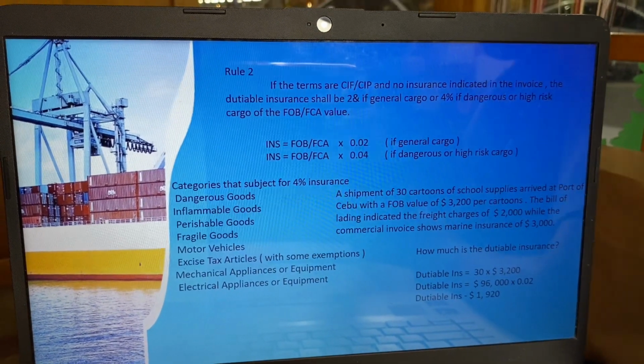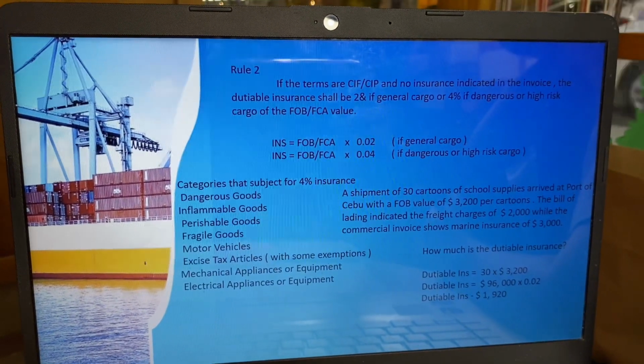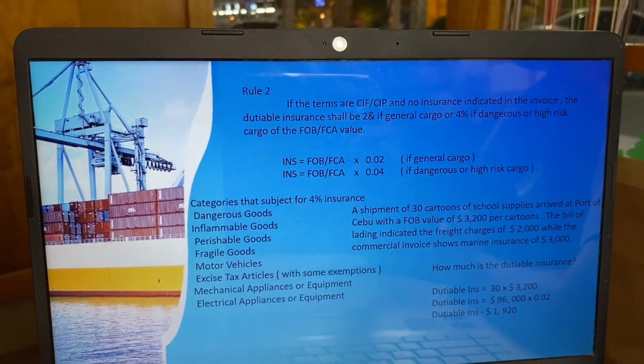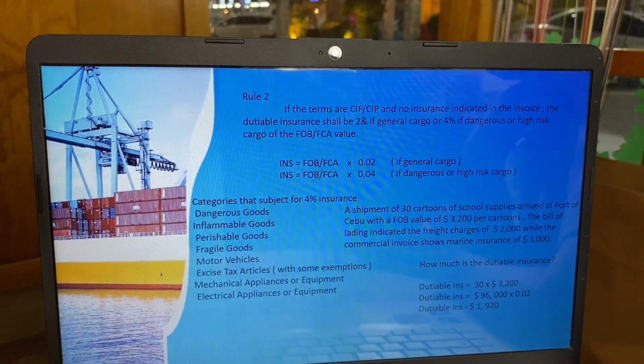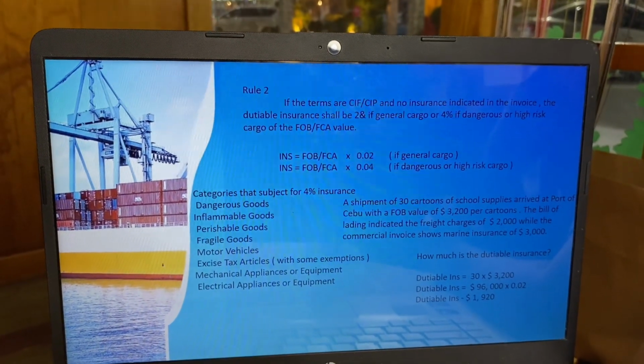You multiply 2% to your FOB or FCA if your shipped cargo is general cargo.